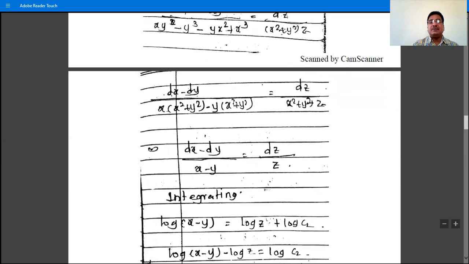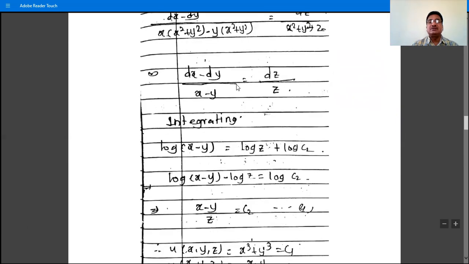Then take x square plus y square as common and cancel it. So we have dx minus dy divided by x minus y equal to dz divided by z.